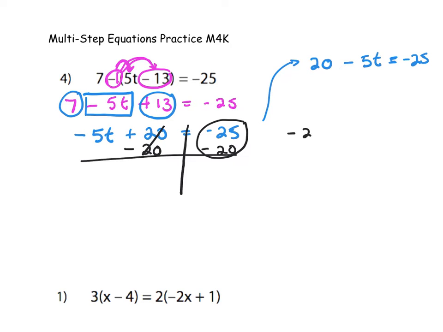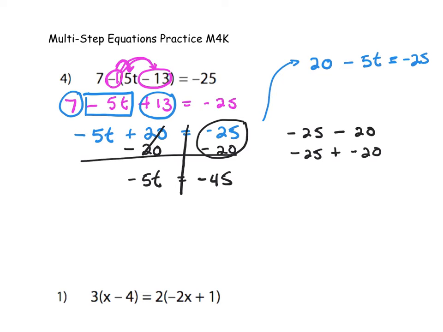You can take a negative 25 if you have a calculator and put minus 20 because that's what we've written. Or you can look at this like it's a negative 25 and you're combining it with a negative 20. Either way, this is going to become negative 45. And on the other side, we have negative 5t left.